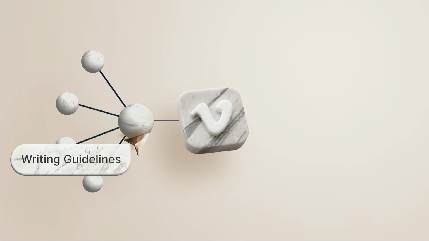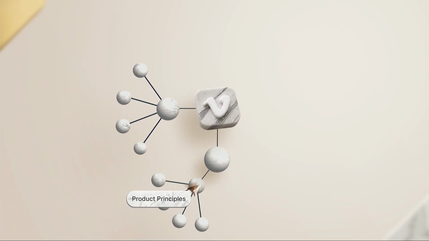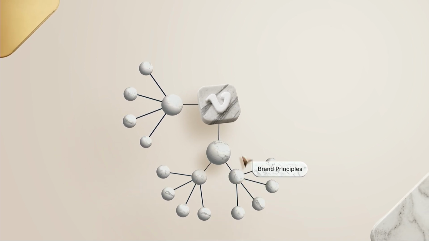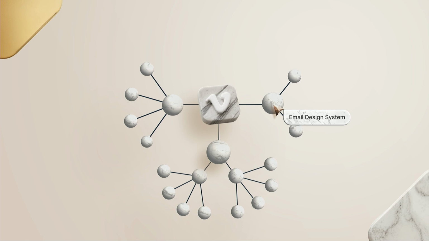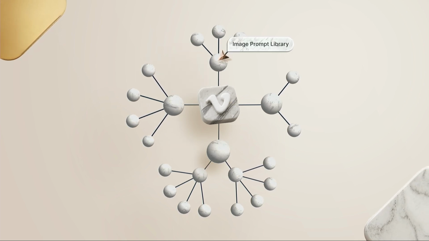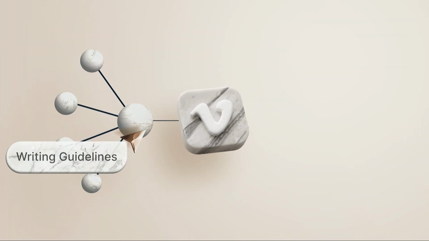So, Vimeo's design system. If we look at this graph of Vimeo's writing guidelines, their product principles, their brand principles, their email design system, and their image prompts, and connect all of those things together and make it really retrievable, we can build an applied use case where we extract the verbal identity and then hand that off to an agent.